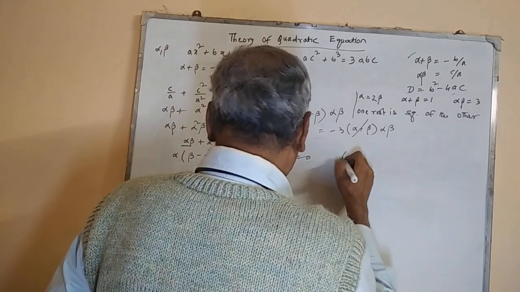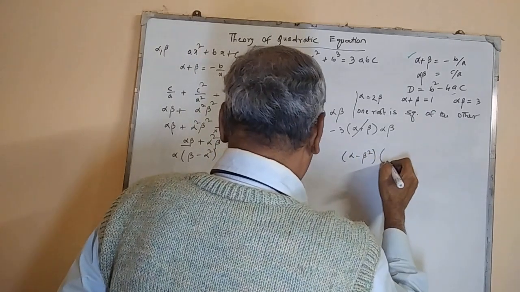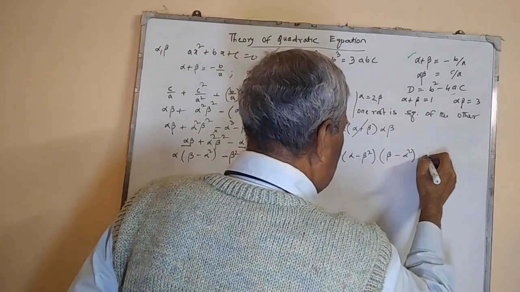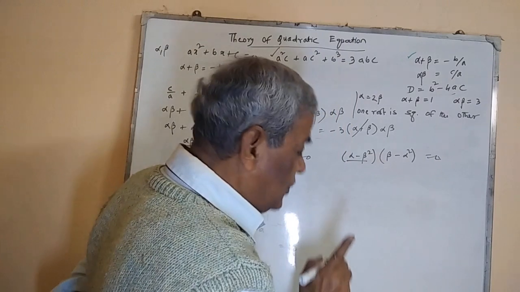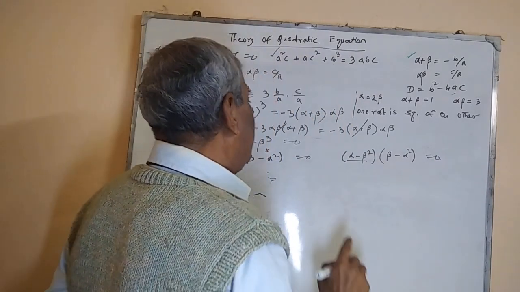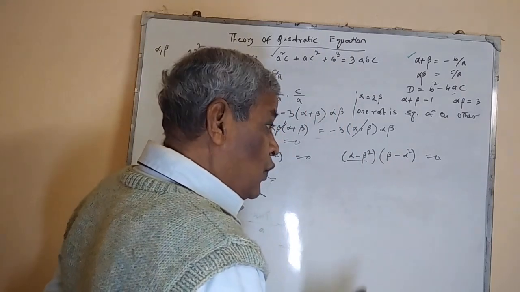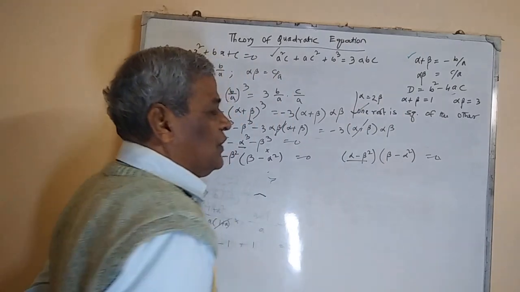That is, alpha minus beta square into beta minus alpha square is equal to 0. Either this factor is 0, so alpha is equal to beta square, or if this factor is 0, beta is equal to alpha square. So one root is square of the other. So that option is correct.